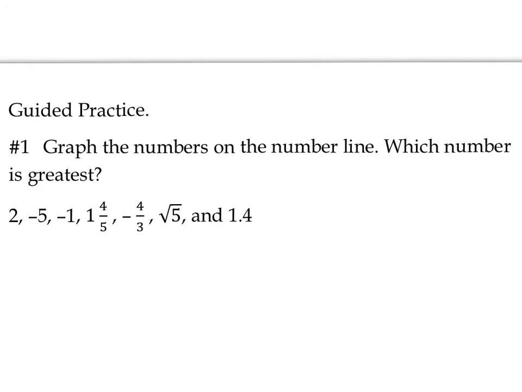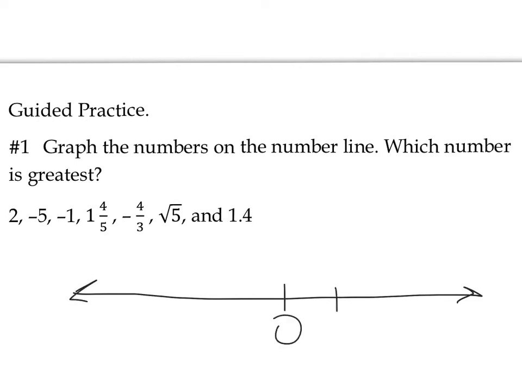Let's look at the numbers here that we have and see what they would look like on a number line. So we can know how to compare numbers, see where they would fall, again with some fractions, some mixed numbers, some radicals. So if we wanted to put these on a number line, we have our number line here. We'll go 0, 1, 2, 3, 4, and so on, and then we have -1, -2, -3, -4, -5.